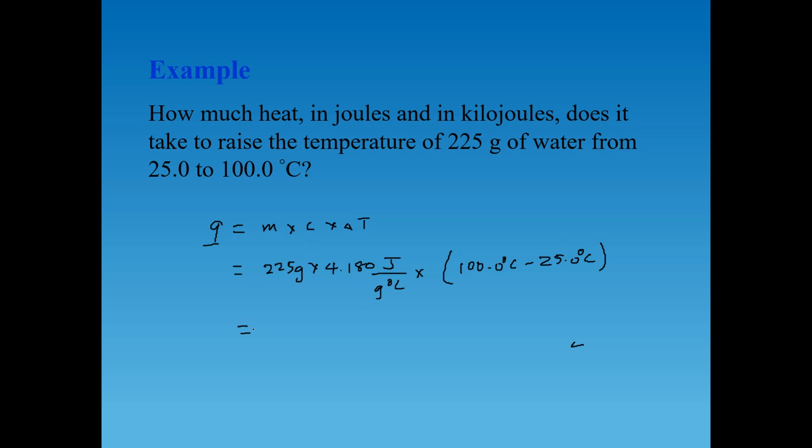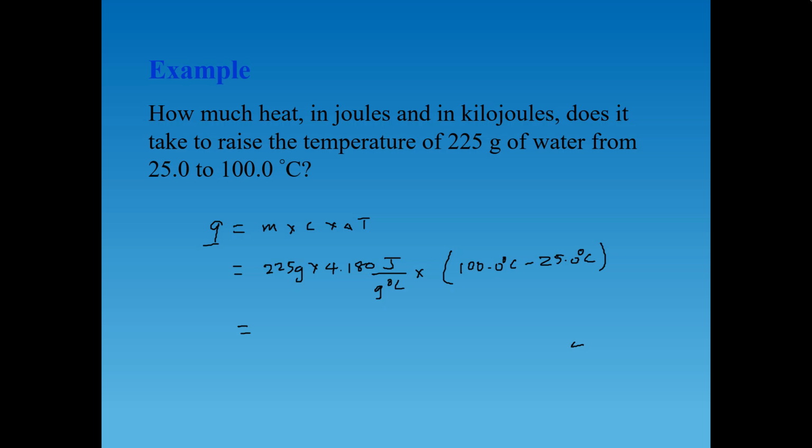So 100 minus 25 gives you 75, multiplied by 4.180 times 225. And according to my calculations, when you round that off to 3 sig figs, let me do this again. 75 times 4.18 times 225.